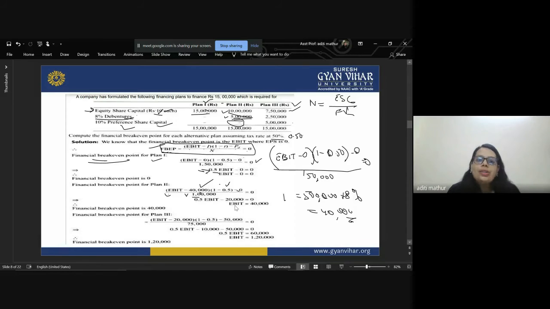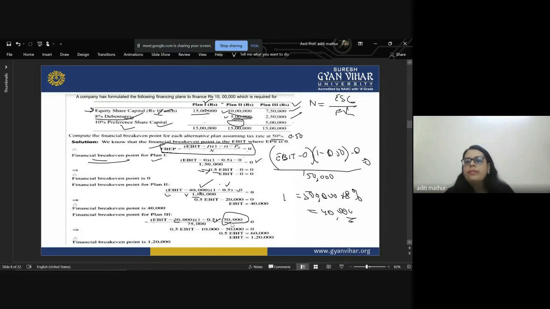Right? So now let us calculate the financial break-even point for plan 3, where there are 3 components in the capital structure: equity share, debentures, and preference share as well. So now we know that we have to calculate the EBIT. So EBIT minus 20,000, that is the interest which we have calculated, 2,50,000 at 8%, into 1 minus 0.5, minus 50,000.